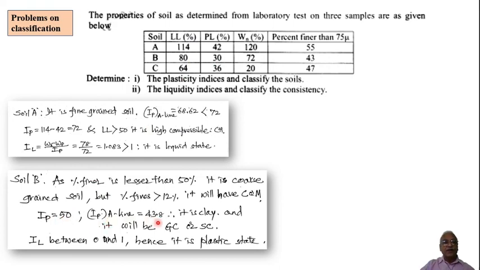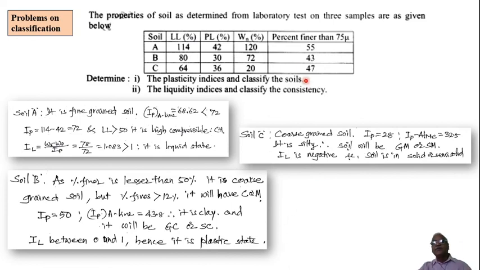IP on the A line is 43.8, so it is clay, and it will be either GC or SC, because whether it is sand or gravel we cannot say. Liquidity index, if we calculate Wn minus Wp by IP, is between 0 and 1, hence it is in plastic state.